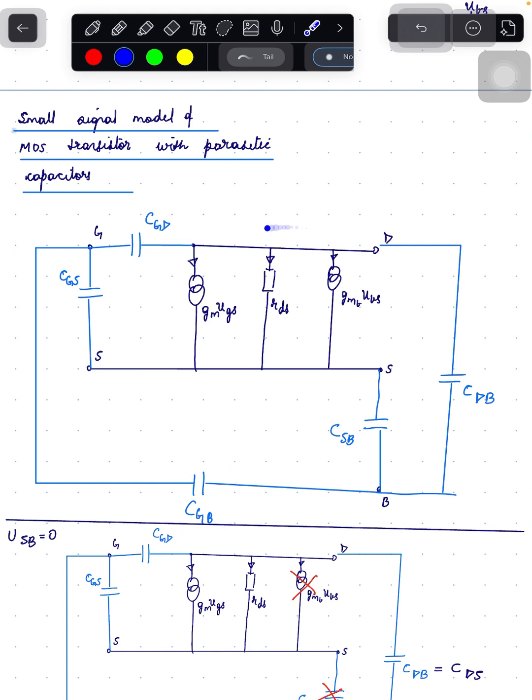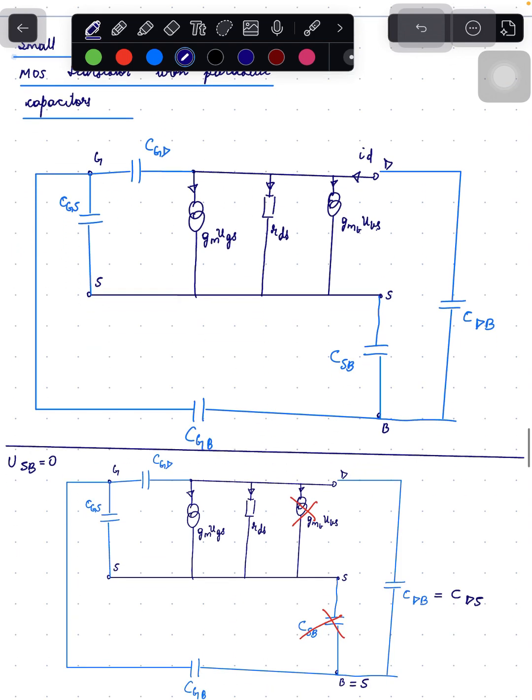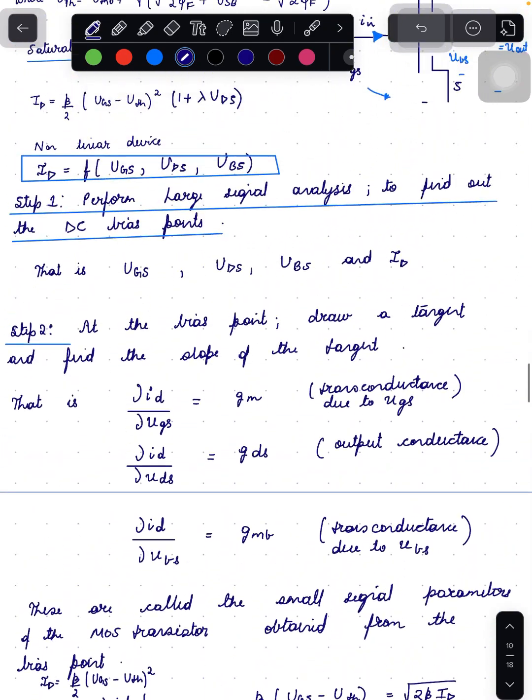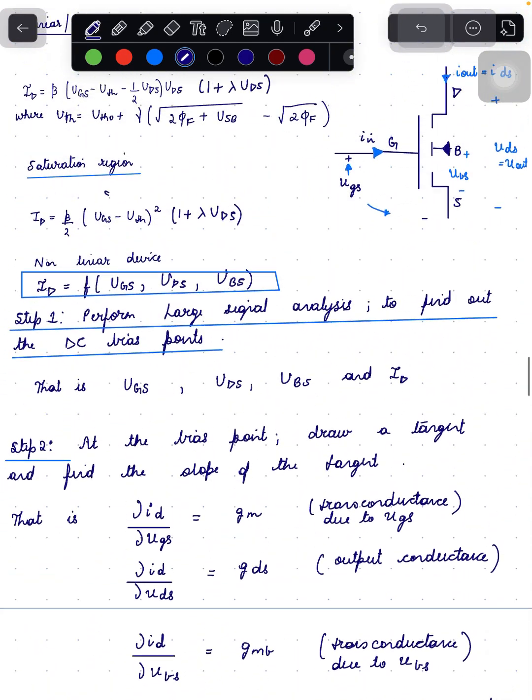And from the small signal model equation, we know that drain current ID equals GM times UGS plus GDS times UDS plus GMB times UBS. So generally the source to bulk is shorted so that we do not want the threshold voltage to be varying, from this equation.